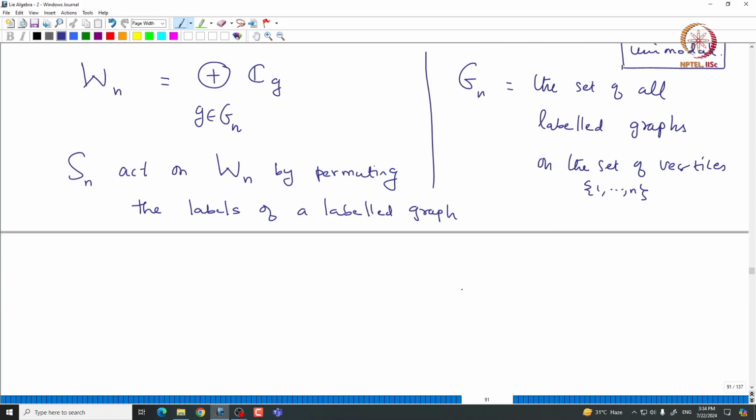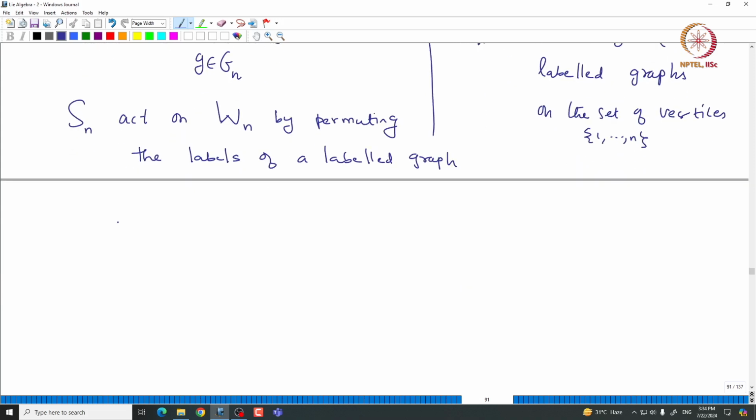Okay. So, now we can also consider this subspace Wnk, which is sitting inside Wn. What is this? This is the subspace spanned by all G in Gn, such that G has exactly k edges.